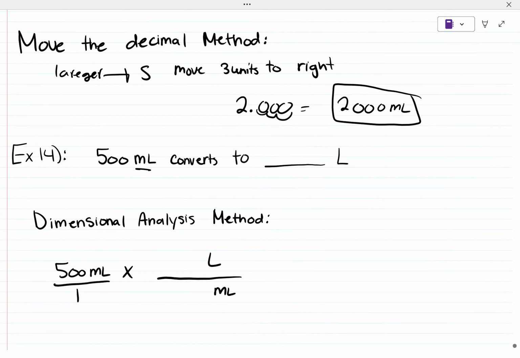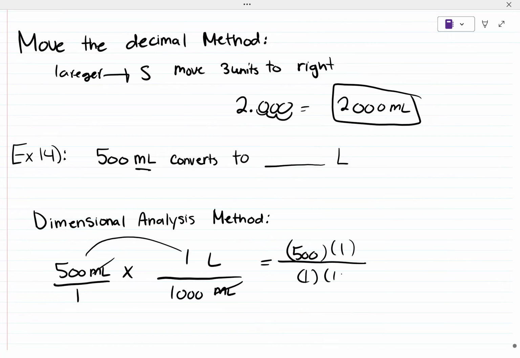What is the relationship between liters and milliliters? Well, we know that for 1 liter, there's exactly 1,000 milliliters. Okay, and then the milliliters cancels, and then you multiply across, so 500 times 1 and then 1 times 1,000.